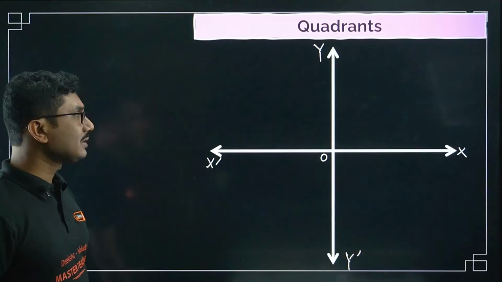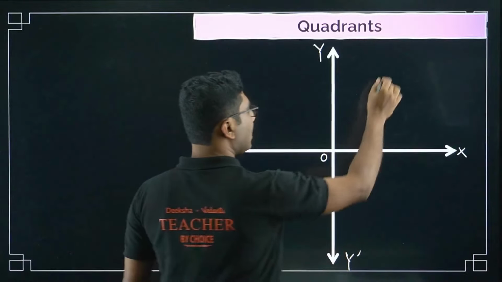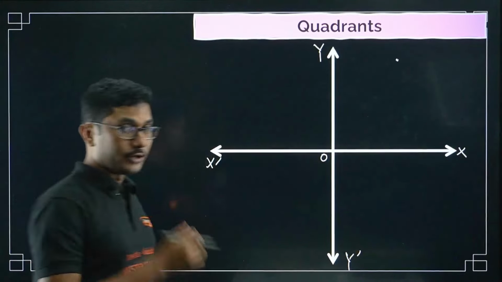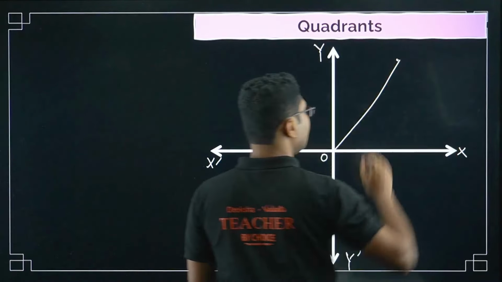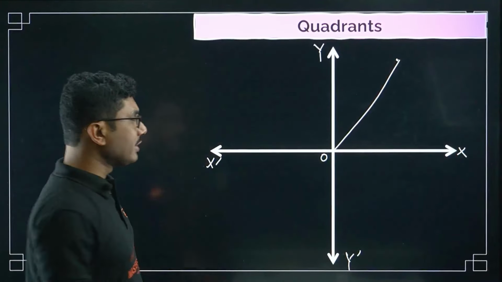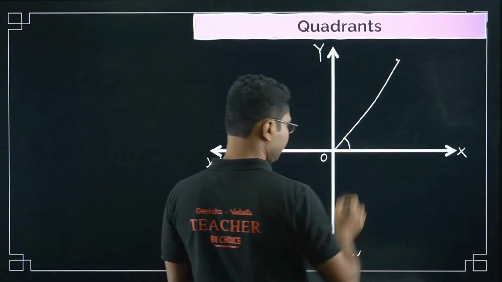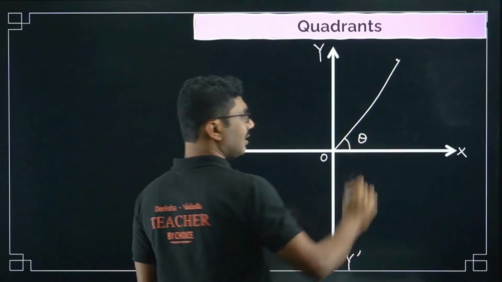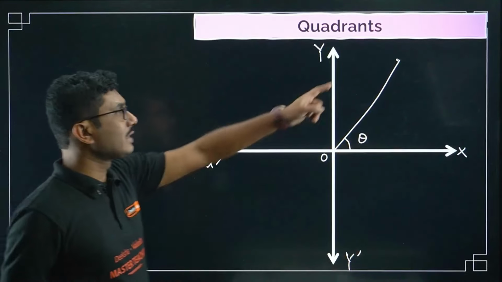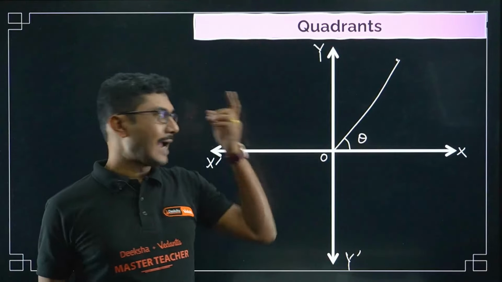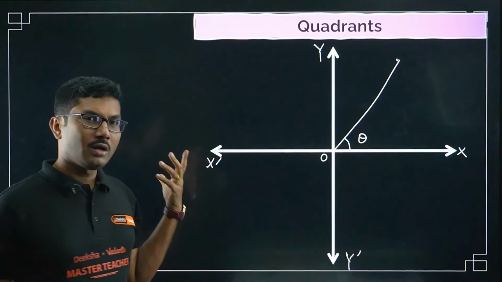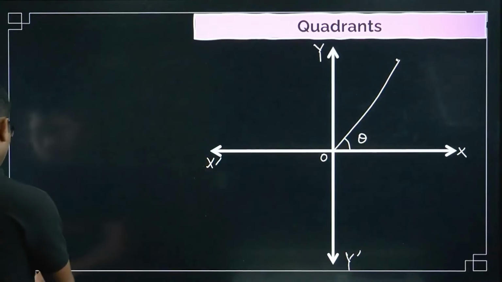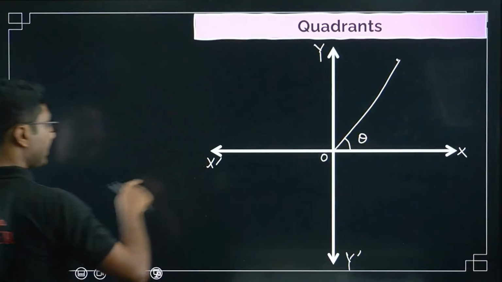And based on the position of a point on the coordinate system, if we join it with the origin, then we get some angle here, right? Now based on where this point is located, the value of the angle can be positive or it can be negative.